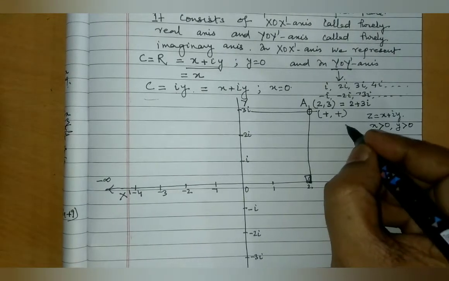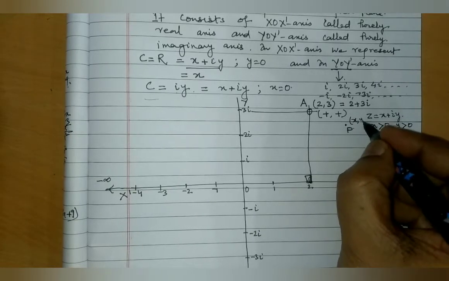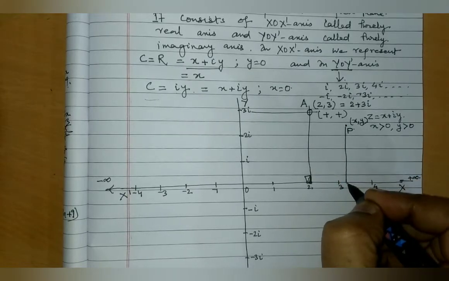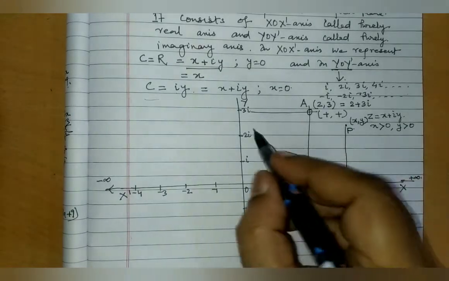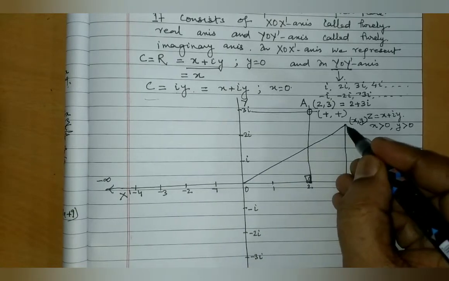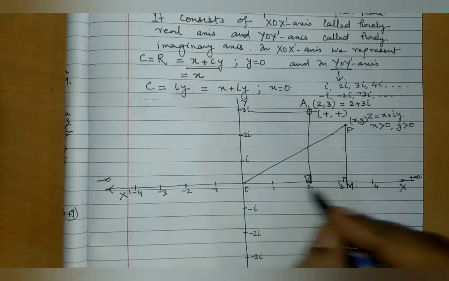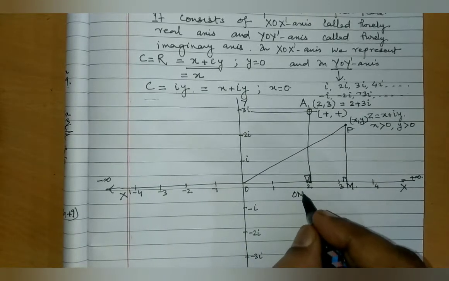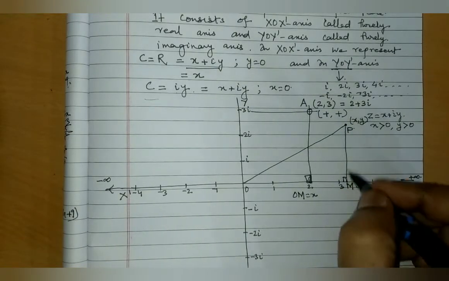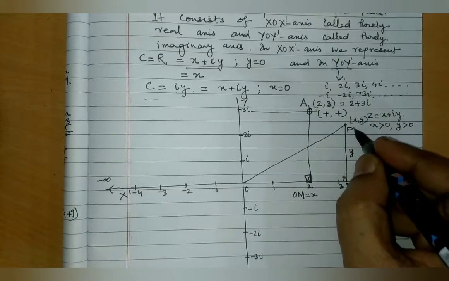Suppose I am taking here P is any point whose coordinate is x and y, and then from here we will just draw a perpendicular, and I am just joining OP, and here the foot of perpendicular is M. So OM is equal to x and PM in the direction of y axis. So suppose that it is y.